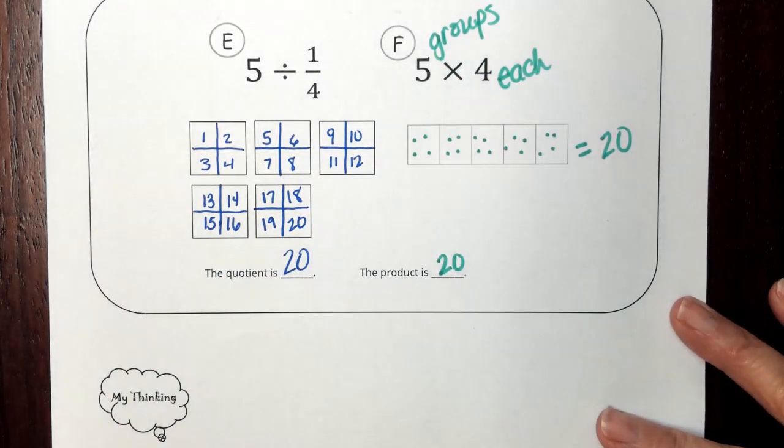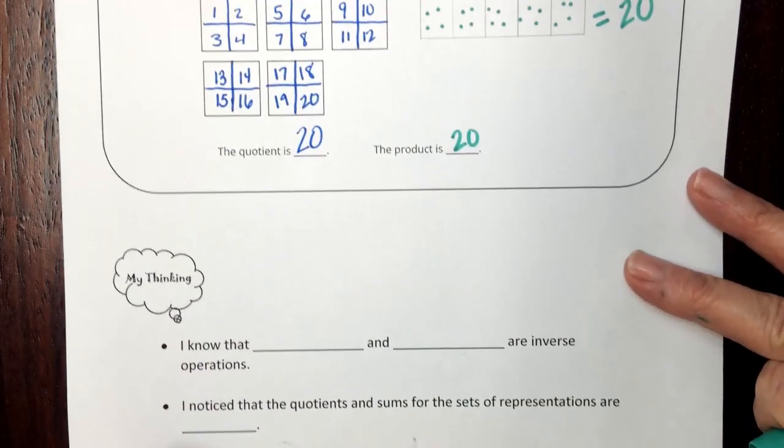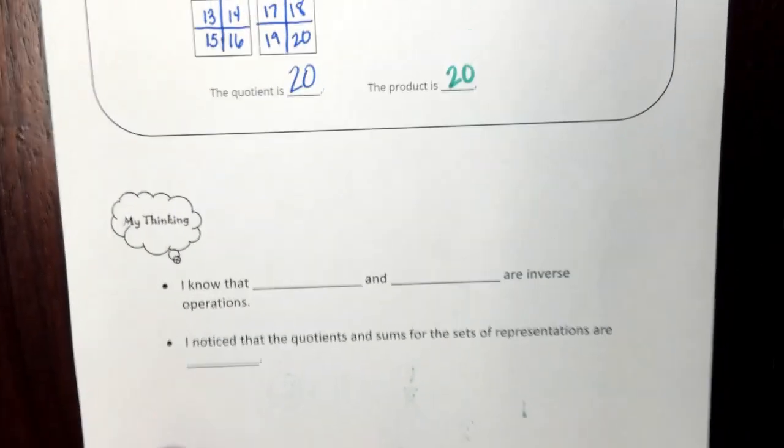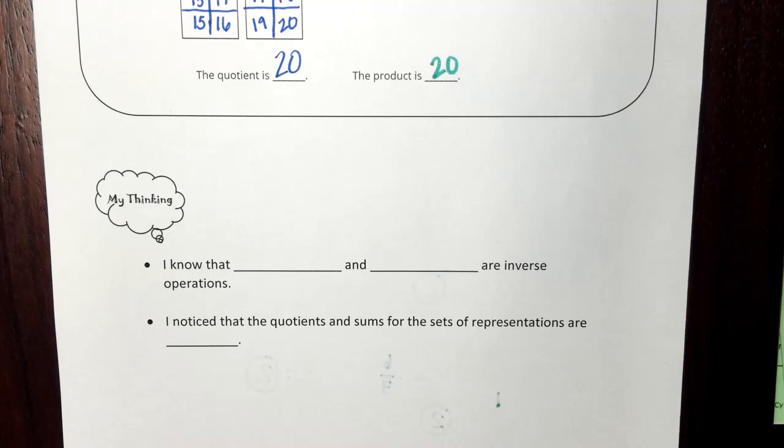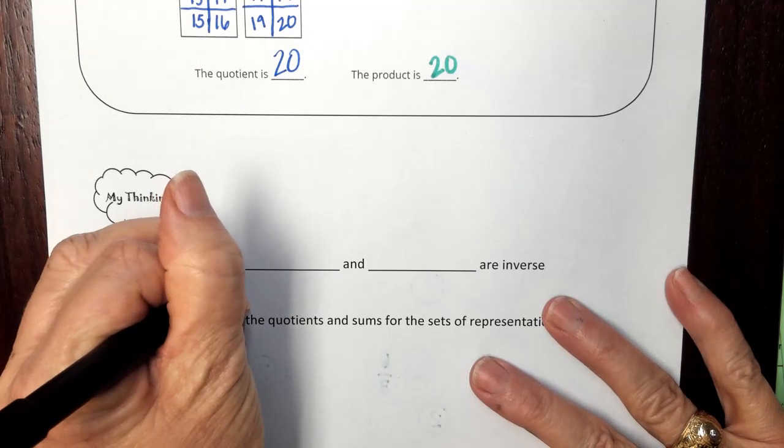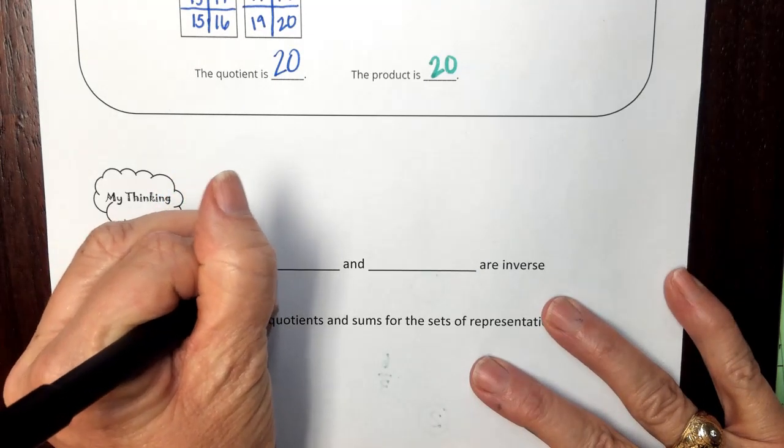Now, let's just kind of sum up our thinking. What did you notice? I know that blank and blank are inverse operations. What are the inverse operations that we're talking about today, Ion? Multiplication and division.